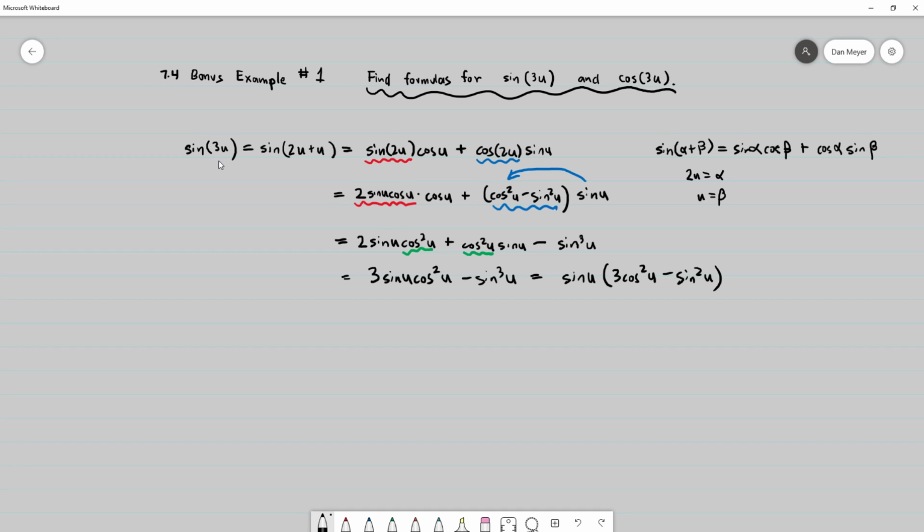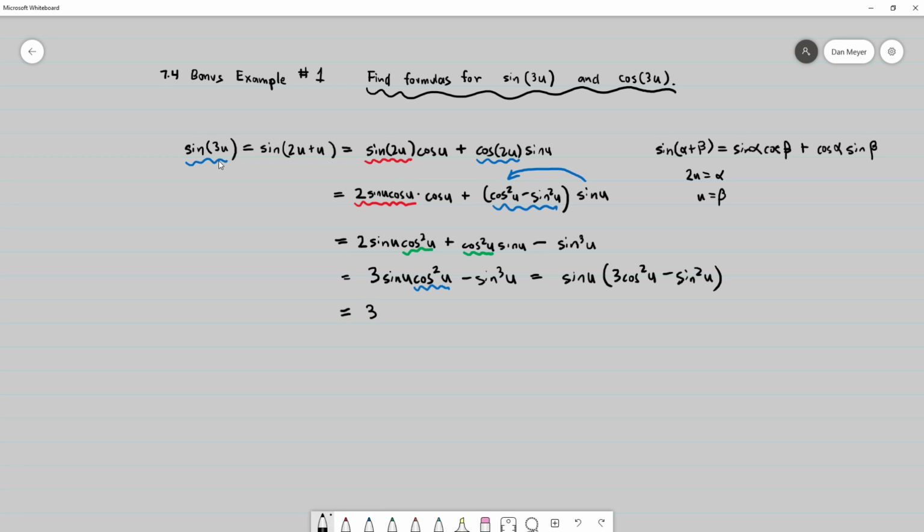That would make it look very similar to the triple angle formula that we had for tangent. But here's what I was noticing before. I've got this cosine squared u. I can write everything in terms of sine, and having a triple angle formula for sine that is completely in terms of sine, I think that would be awesome.